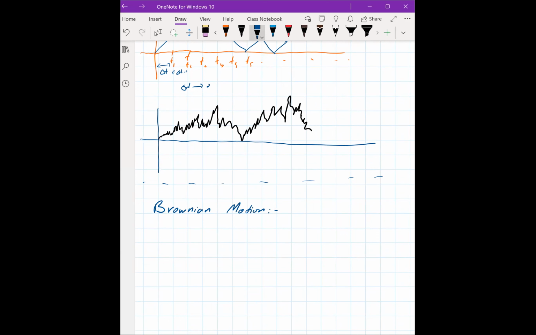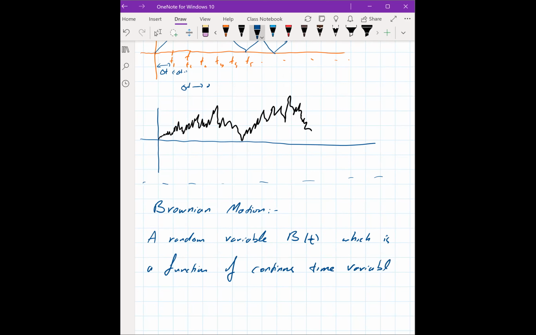And we say that a random variable b of t of a continuous variable is a, so I should say b of t, which is a function of a continuous time variable t and takes values in.